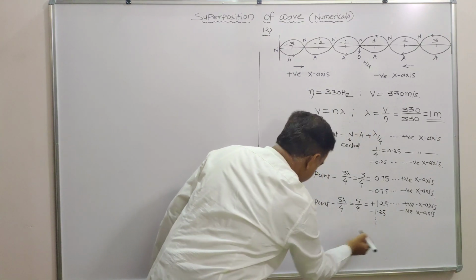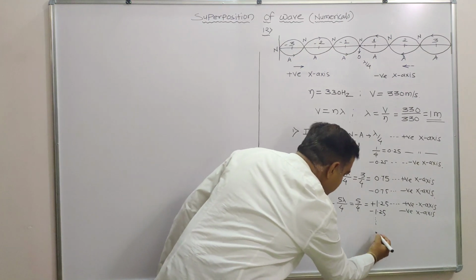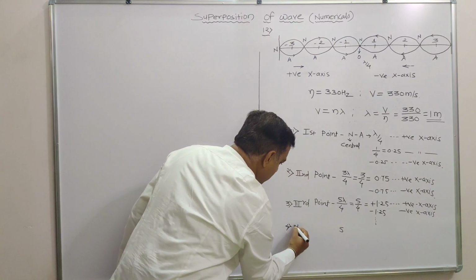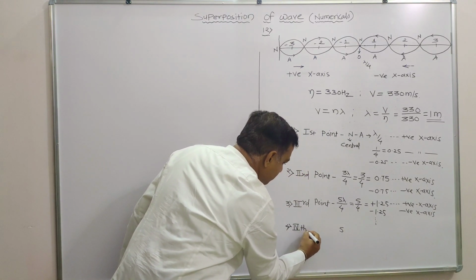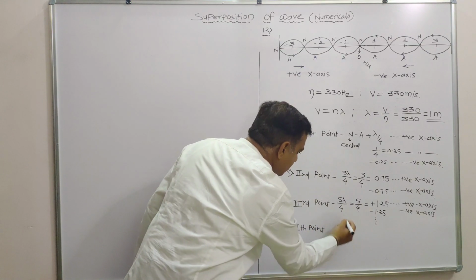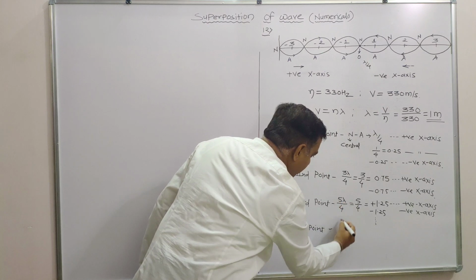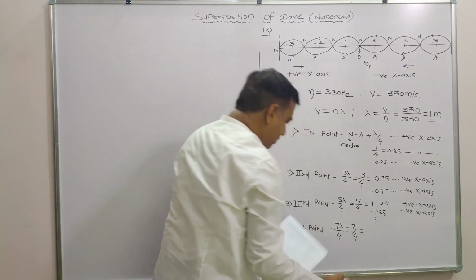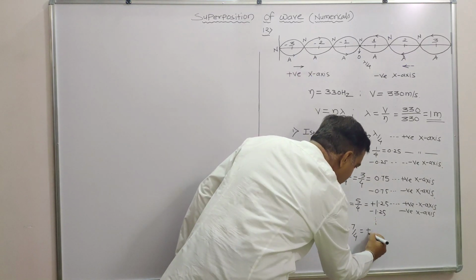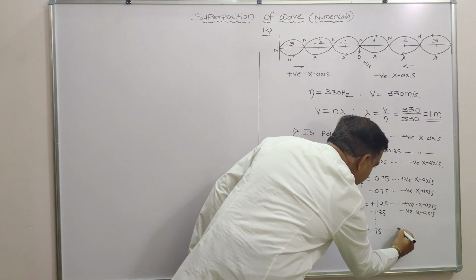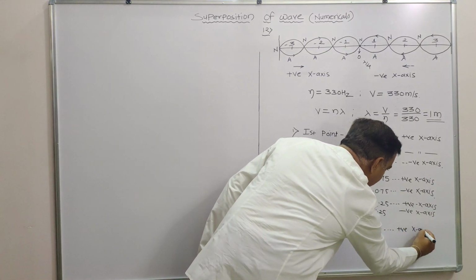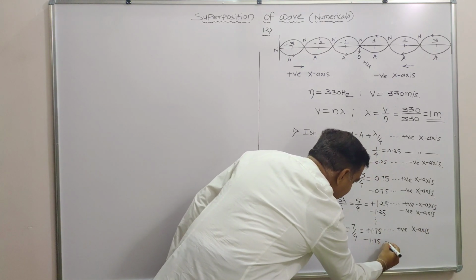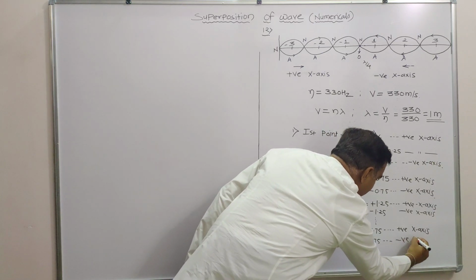Similarly, for the fourth point, it is 7 lambda by 4, that means 7 by 4, which is 1.75, plus 1.75 for the positive x-axis and minus 1.75 for the negative x-axis.